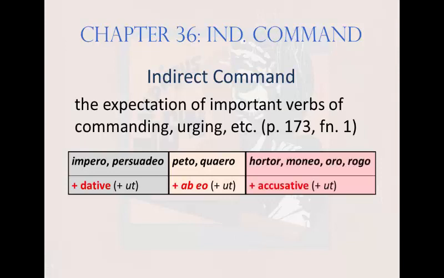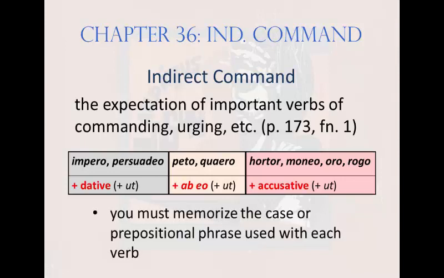Thus, hortor, meaning urge, moneo, warn, oro, beg, and rogo, ask. That's right, even rogo, when it adopts the sense, I'm asking you to do it, is often followed by indirect command. The upshot is you have to memorize what each verb introducing indirect command expects after it. It's a matter of Latin idiom.